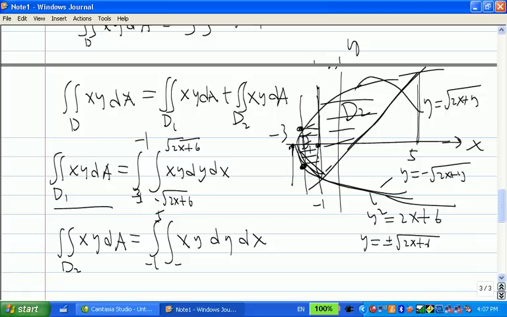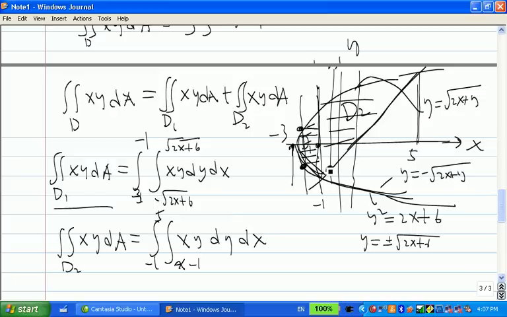Now you fix x in between, anywhere, it doesn't matter. Your bottom curve is always this line. This line is y equals x minus 1, right?